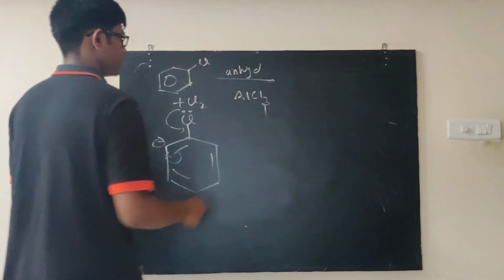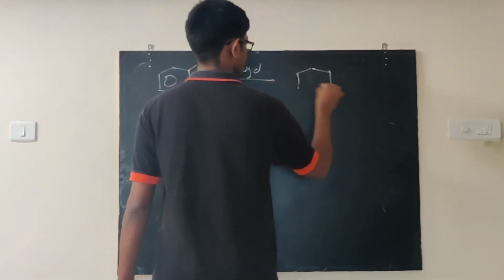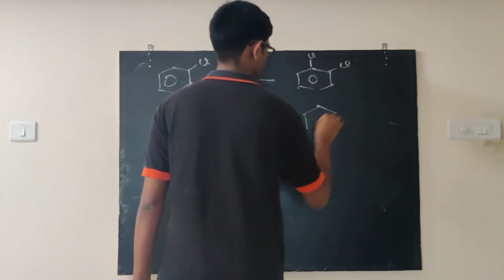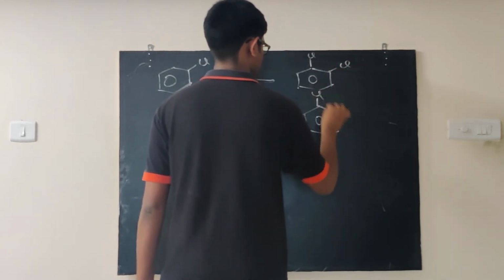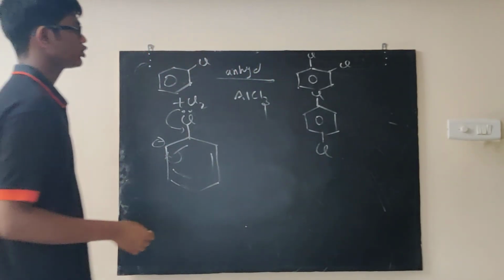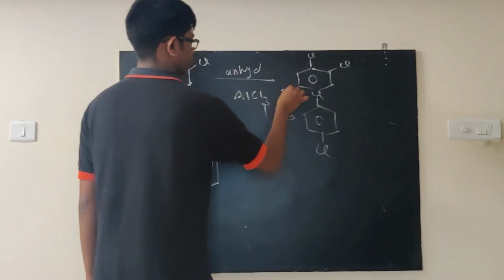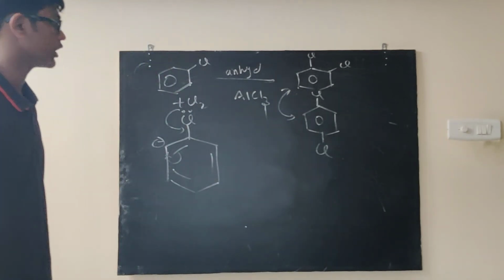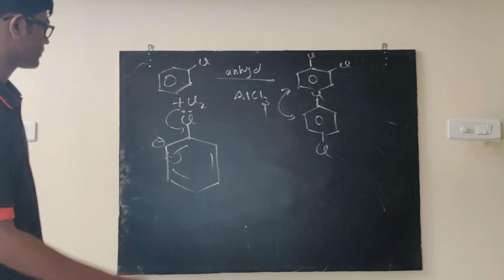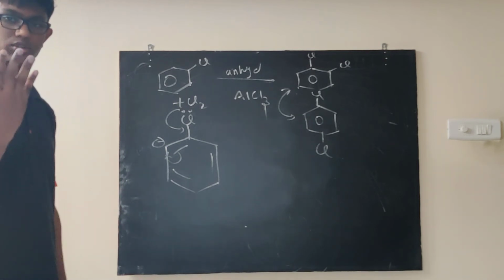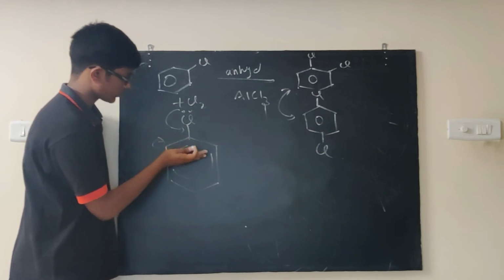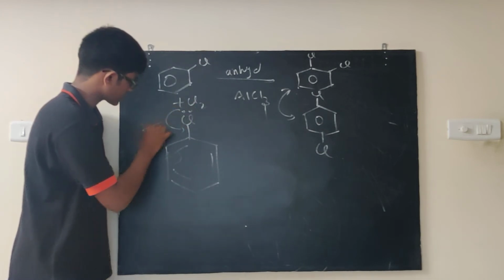Which means what's going to happen? You're going to get this, and meta you get in a very low amount. Between these two, which do you think will be more stable, the ortho or the para? Well, the inductive effect wears out by the fourth carbon, you want to remember that. If I was here, chlorine is still electronegative, so it's still pulling the electrons back.